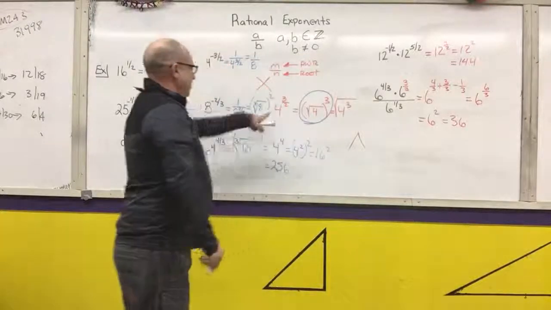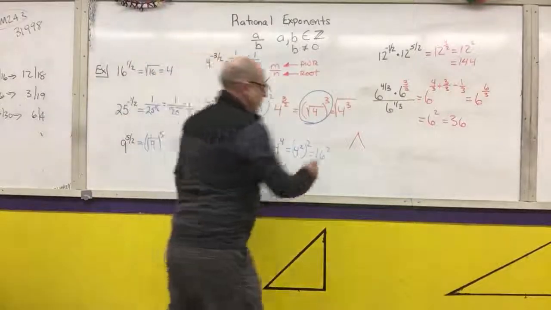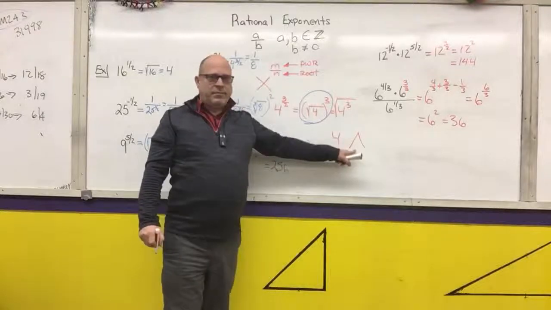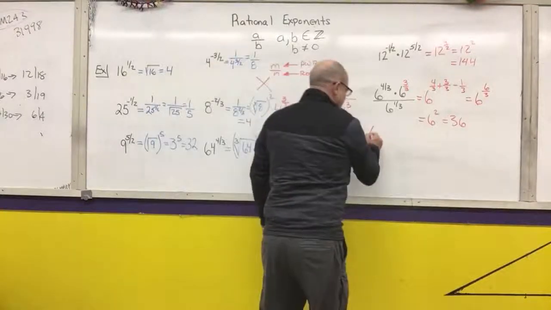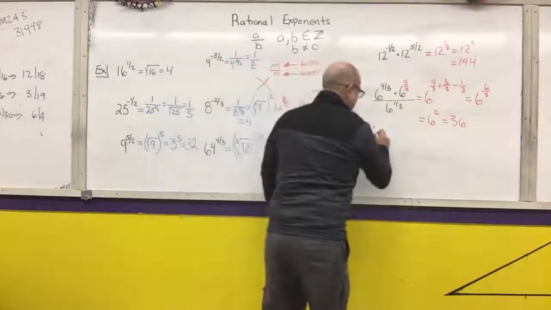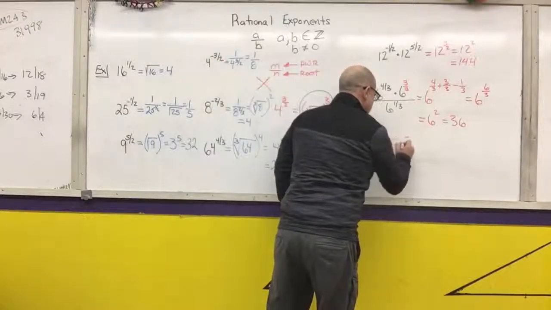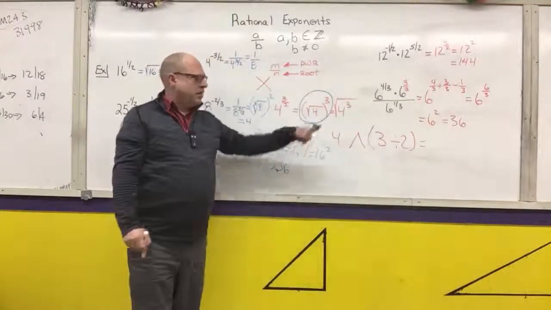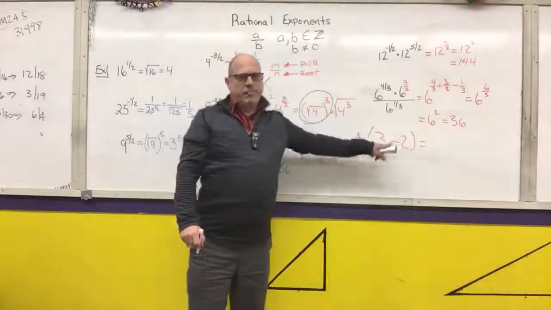So let's go to this one, 4 to the 3 halves. You would type in 4, the caret symbol, open parentheses, then 3 divided by 2.